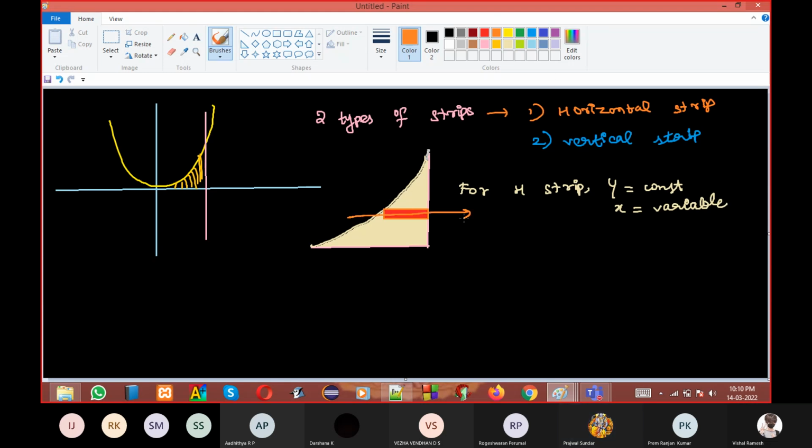X varies from the curve x squared equal to 4ay, where at this point x will be root of 4ay, to the line where x is 2a. Anyone having doubt in this, please ask.